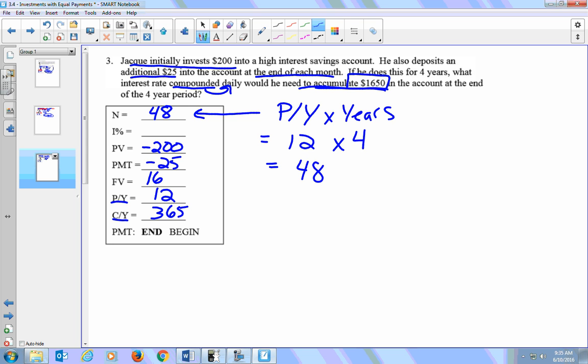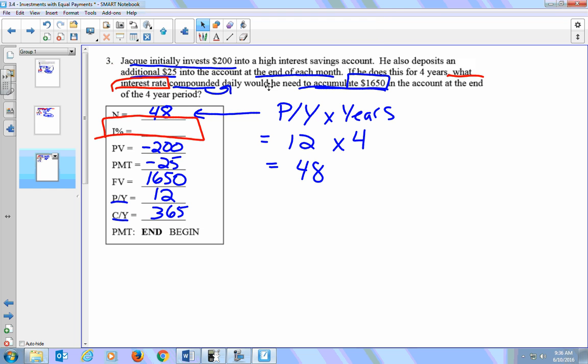So that becomes our future value. So any target, if you have a problem that they're asking for like a target for the investment, that will be your future value. And the question is asking what interest rate. And interest rate is the last one that's left blank, so that's good.